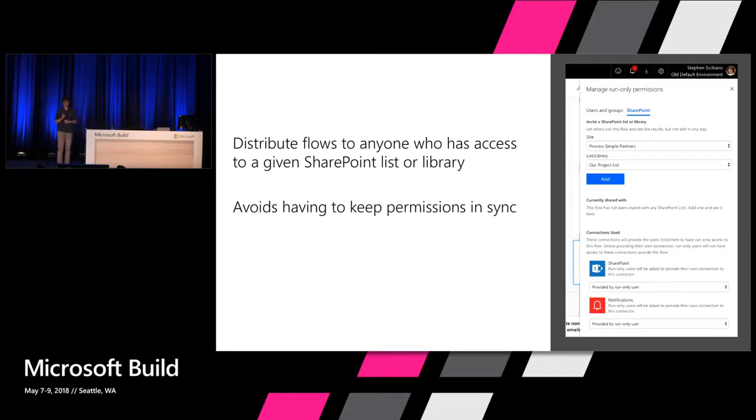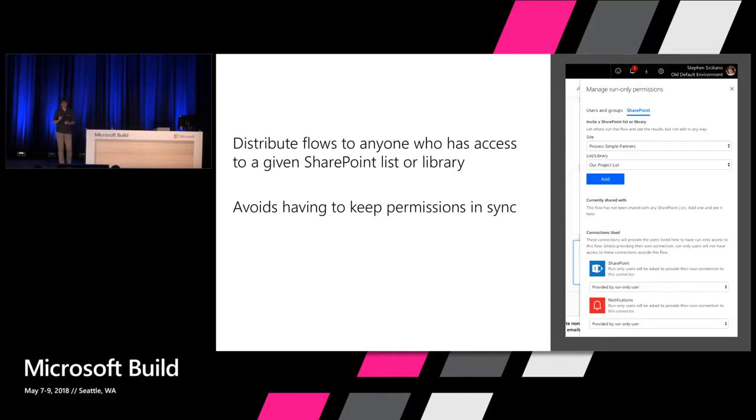One other thing about sharing buttons is sometimes, if you would like, you can have a button that's tied to the permissions of something other than a security group. For example, if I have a process that I want to kick off from a SharePoint list or a SharePoint document library, I can do that by creating a button that is tied to the permissions of that SharePoint list or that document library.